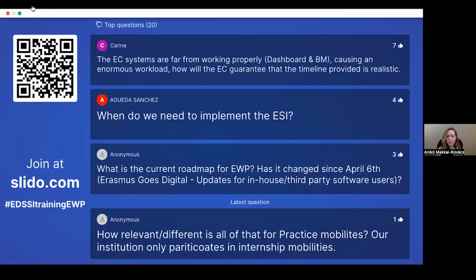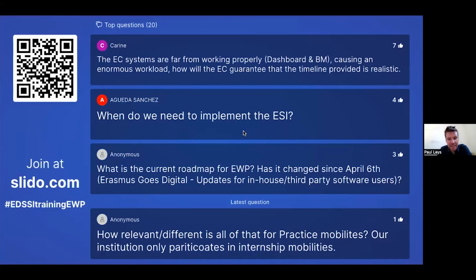Paul, do you want to take maybe the first one? I think I already alluded several times to this question in my responses. So I think it's already answered the third one as well. So the roadmap as it stands: by end of 2022, we need to be connected for end-to-end institutional agreements, and learning agreements in 2023, whatever it means for transcript of records and nominations.